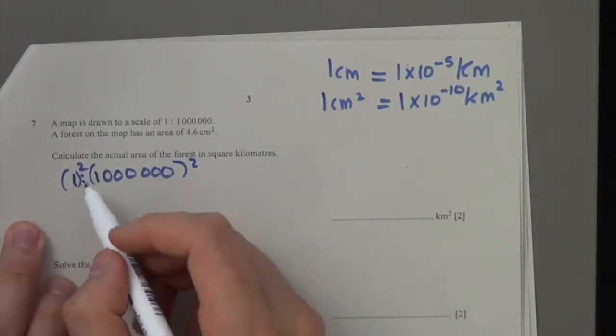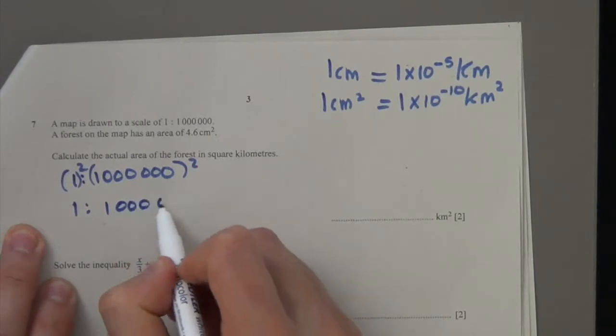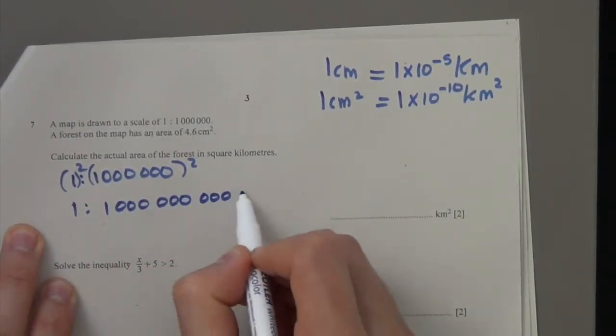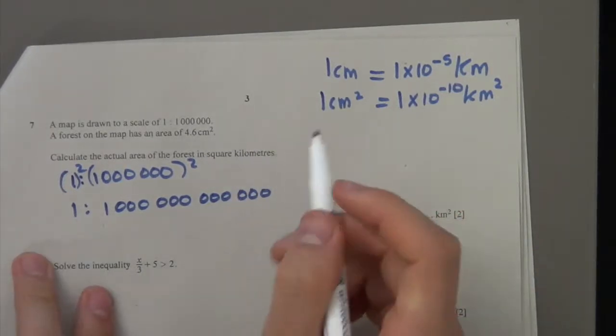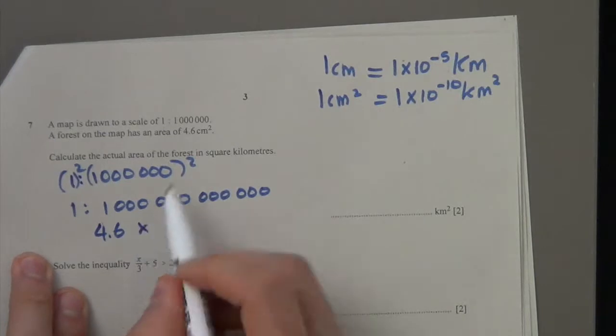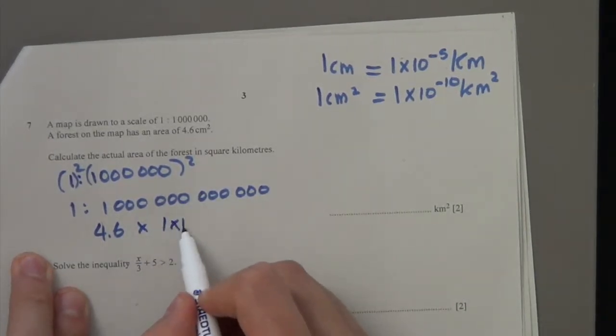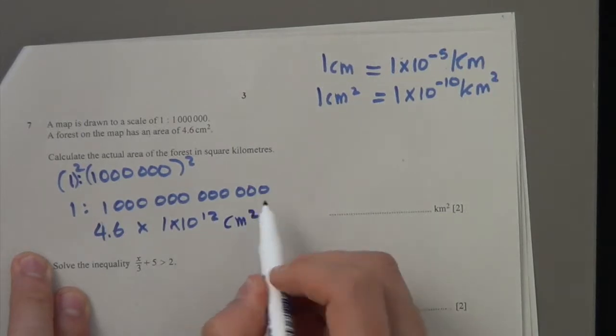So obviously 1 squared still stays as 1, so it's going to be 1 to the ratio of 12 zeros, okay? Now, I'm going to multiply this 4.6 times that number, 1 times 10 to the 12 centimeters squared, okay?